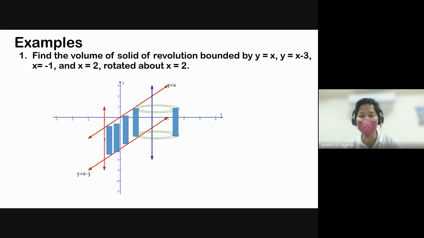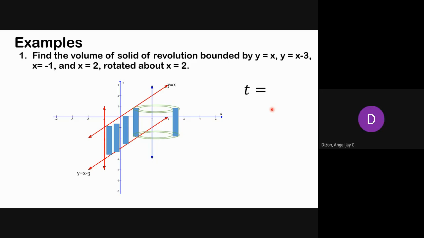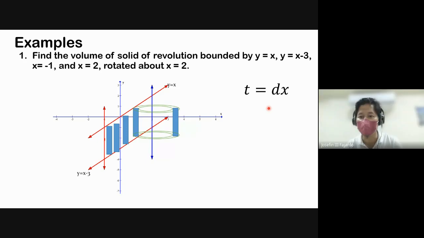So ang kailangan muna nating i-identify is yung T. Para madali. What will be T? Okay. Dahil ang ating element of area ay patayo or vertical, ano yung T natin? dx po. Yun, very good. dx.